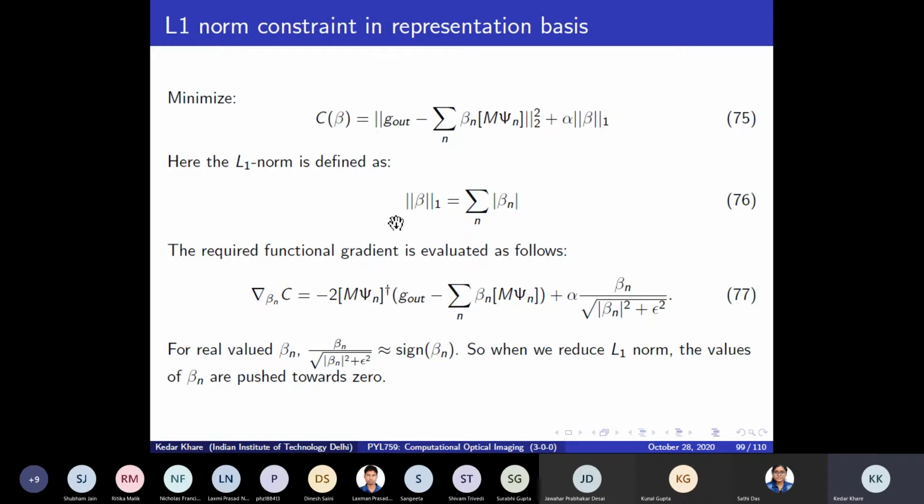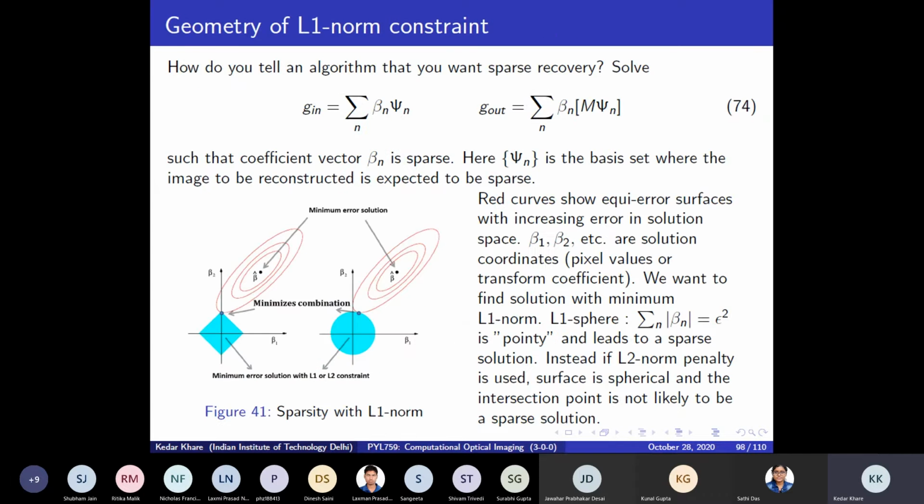Here the L1 norm is defined in this way: the L1 norm of beta is just the sum over all coefficients of the absolute value of beta. Okay, we will come to this a little later, but first I want to give you a geometrical picture. Okay.